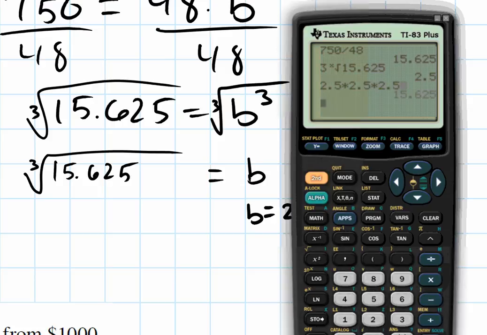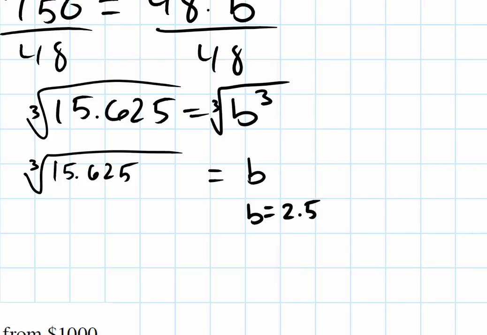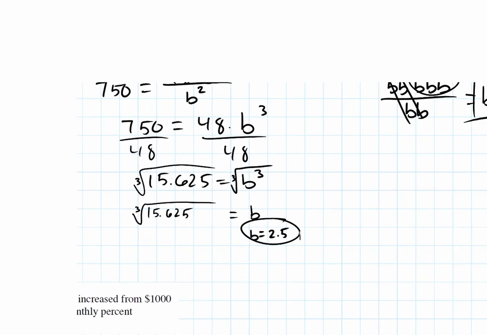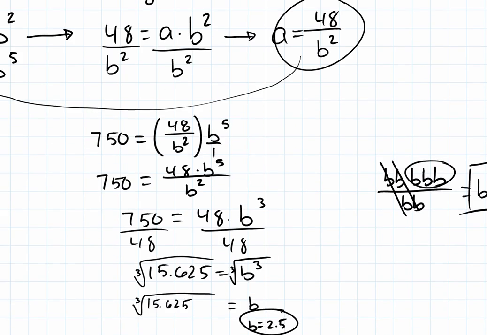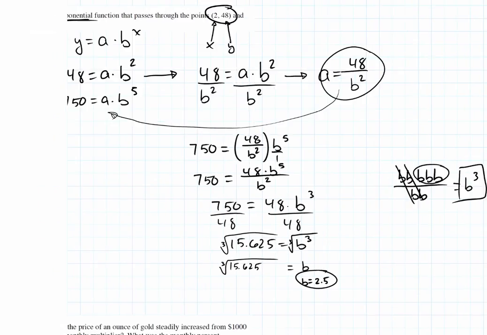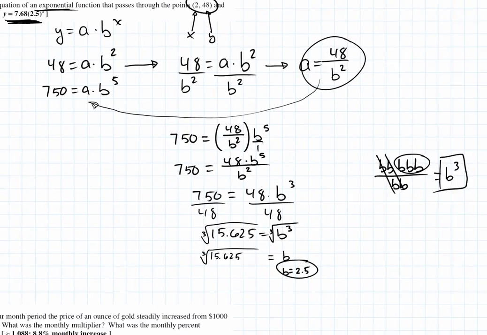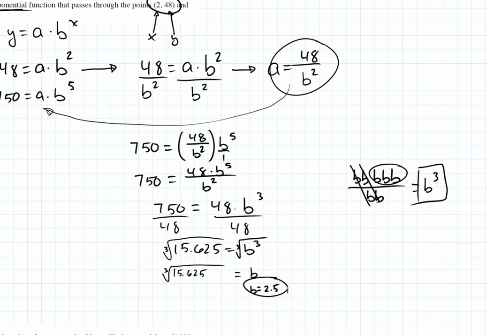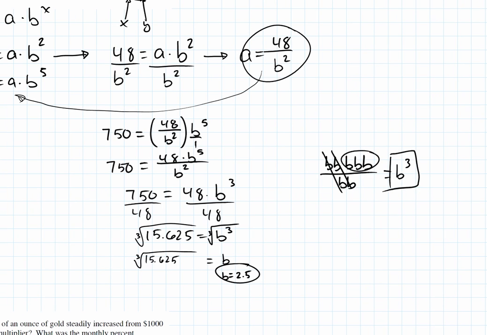There it is. Okay, so we know what b is, and now the question is, in order to write our function, the last value we need to know is a. So let's come back out and zoom out of this thing here. So you can see that we now know our b, b is 2.5. Now we just need to figure out what a is. This value of b we're going to substitute in here, and this will tell me what my a is.